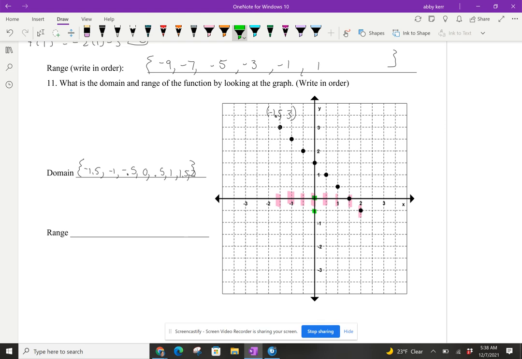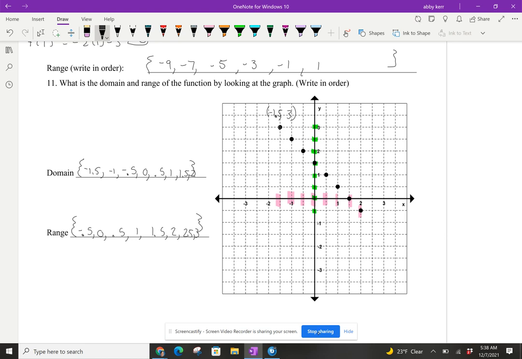Now my y values start from the smallest. So my y value, the smallest, is -0.5, then 0, then 0.5, then 1, 1.5, 2, 2.5, and 3.